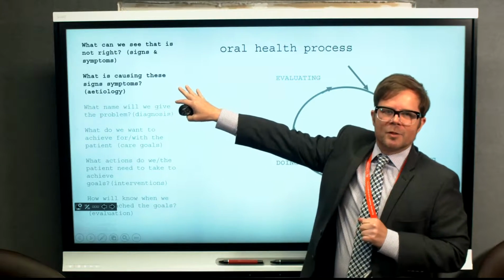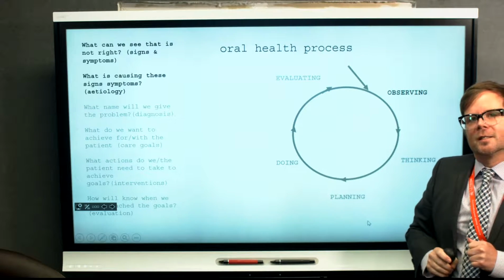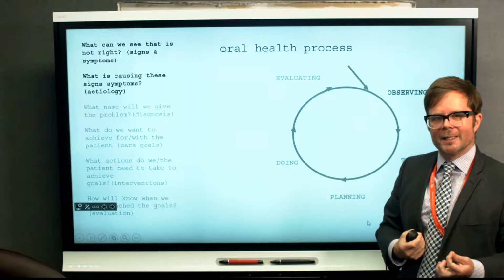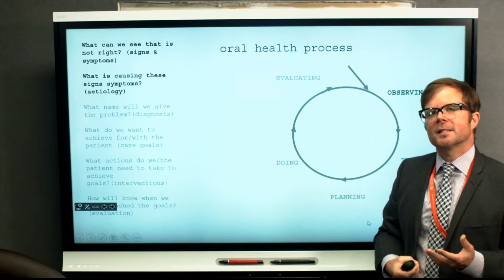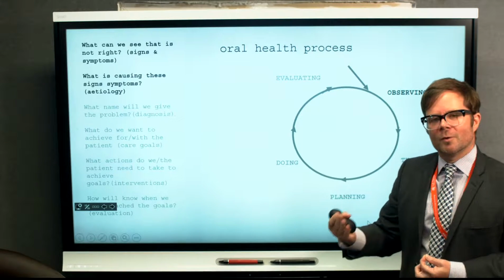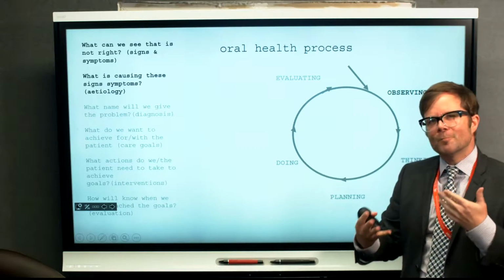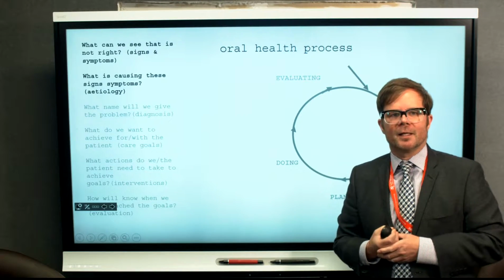Something else we may observe and think about is, what is causing these signs and symptoms? Why are we seeing, for example, bleeding gums or cavitation of the tooth surface? What are the things that we've asked the patient or that we've seen in their medical history that give us some clues as to why it is we're seeing these particular things?